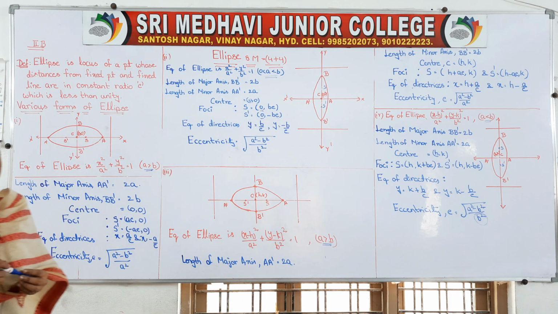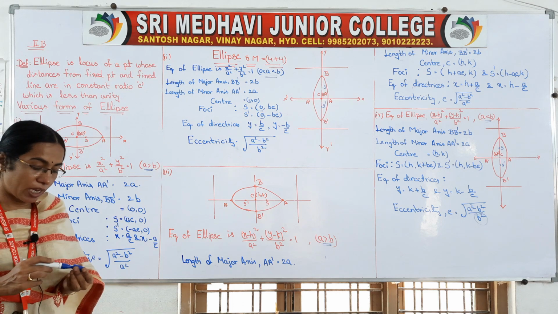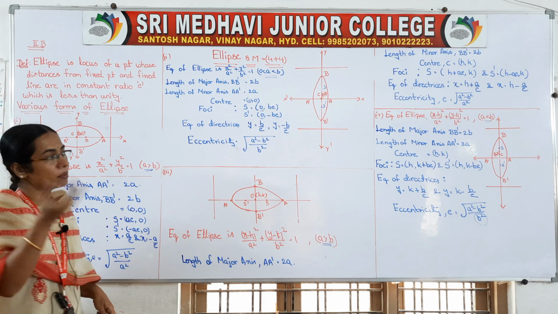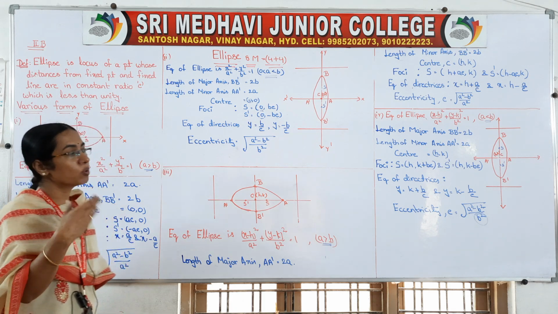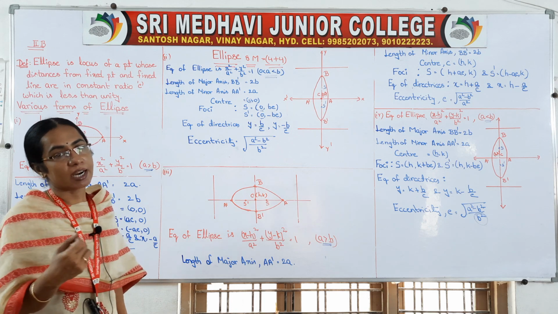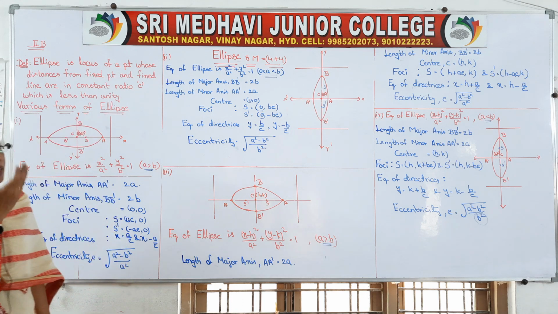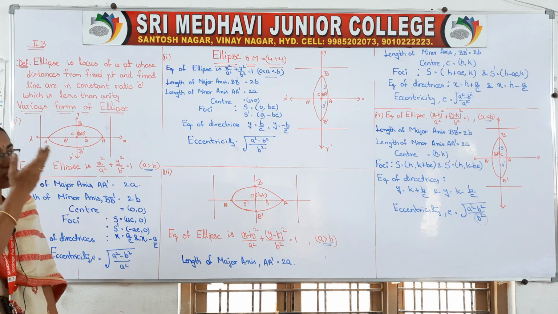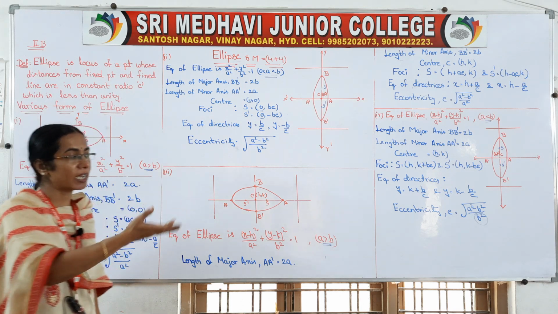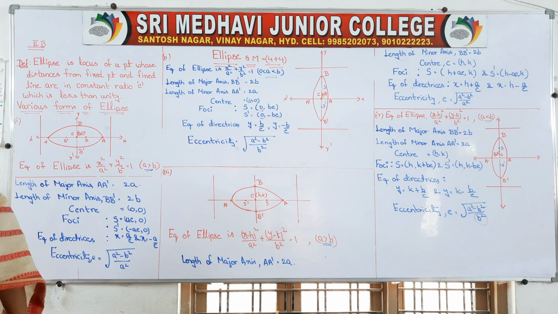An ellipse contains 2 foci, 2 directrices, a major axis and a minor axis. In a 7 marks question, they will ask you to find the length of major axis, length of minor axis, foci, directrices and eccentricity.